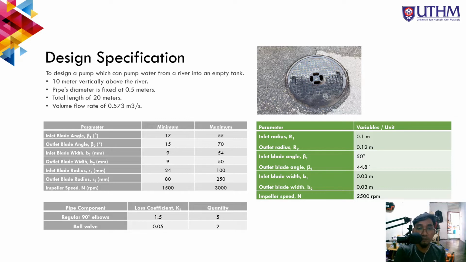The temperature of the water is fixed at 26 degrees Celsius for calculation purposes, resulting in dynamic viscosity 0.8732 times 10 to the power of negative 3, and density of water is 996.85 kg per meter cube.